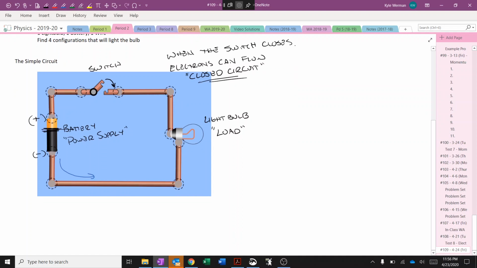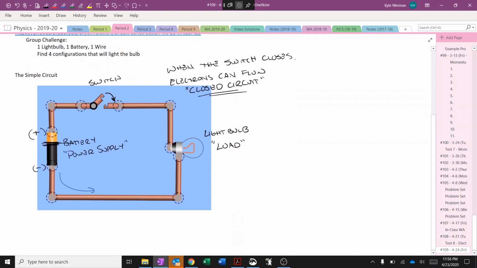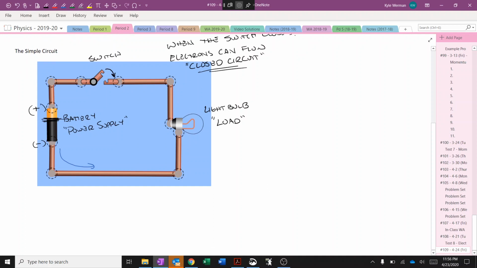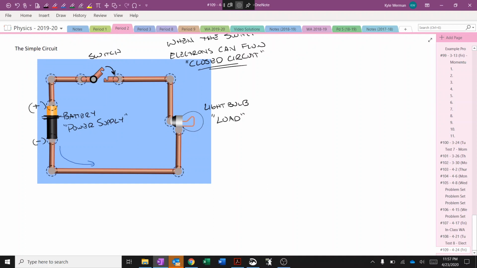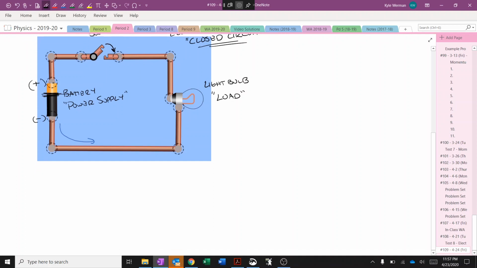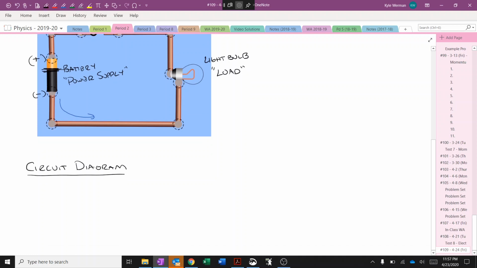Now, this view, drawing the pictures, drawing it visually of actually what we see is nice, but we typically show a circuit a different way, and we call this a circuit diagram. It's a shorthand way of drawing what we see above in a simplified way.